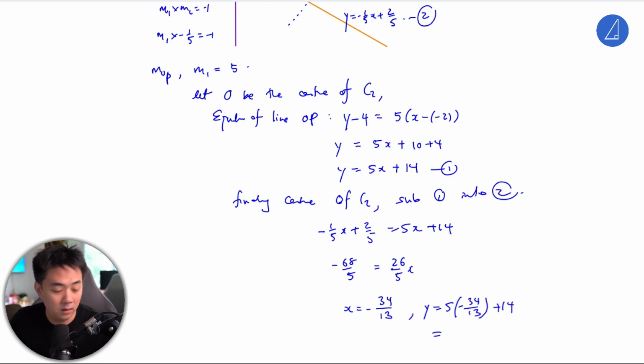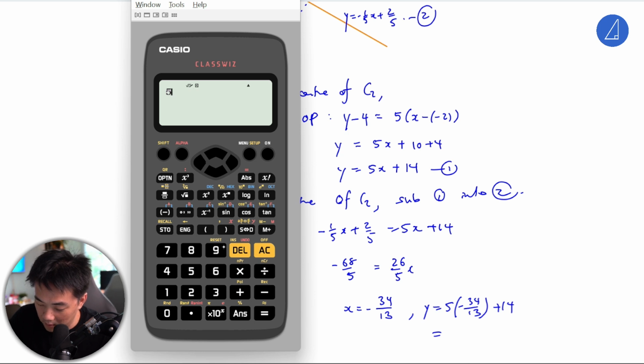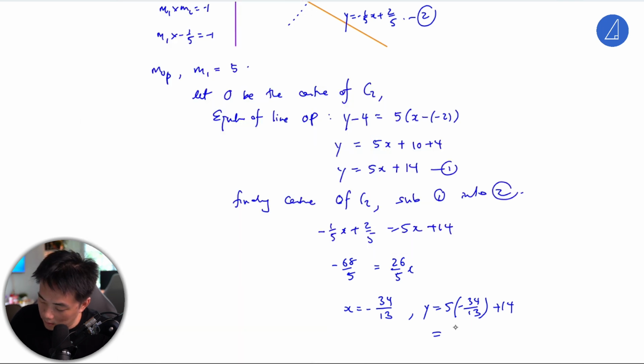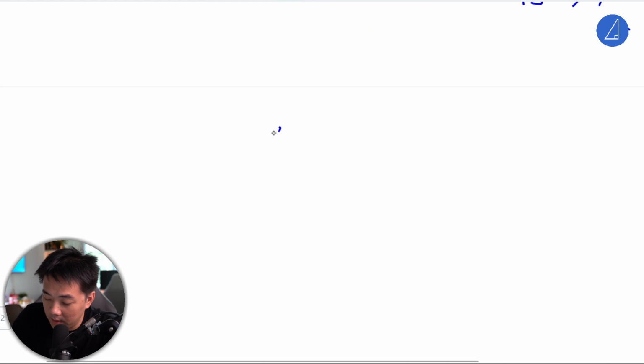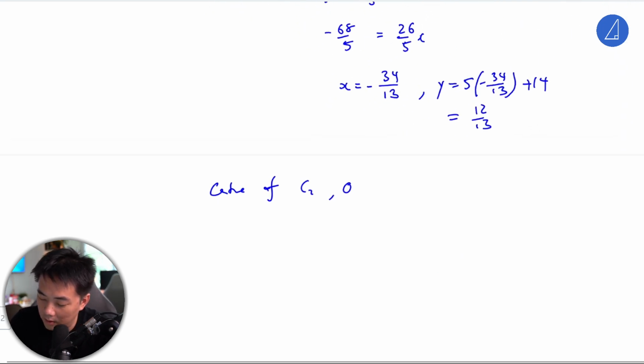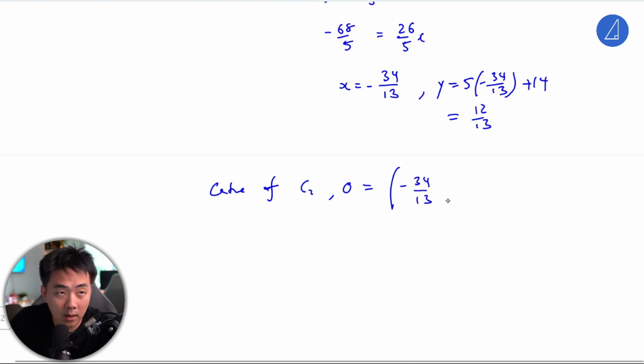Key in calculator, there will be 5 times -34 over 13, then plus 14. There will be 12 over 13. Okay, so that's it. Done. Center of C2, O, will be -34 over 13, and after which we have 12 over 13.